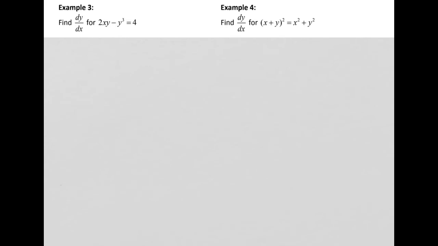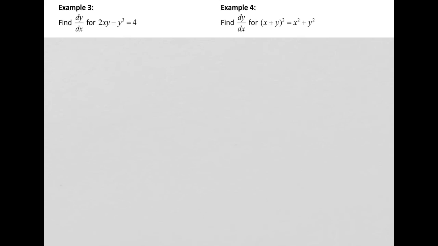Example number 3, you can see the first term is actually 2xy. That means there's a product rule. The first function u is 2x. The second function v is y. So our differentiation will be this.